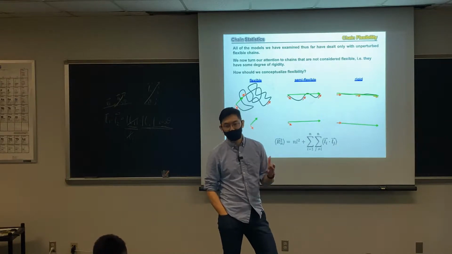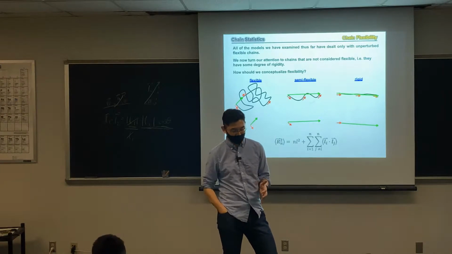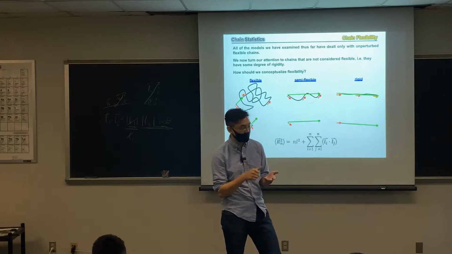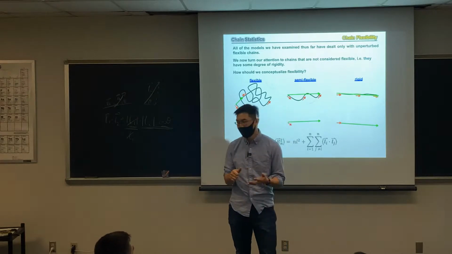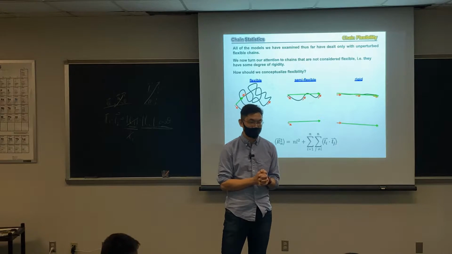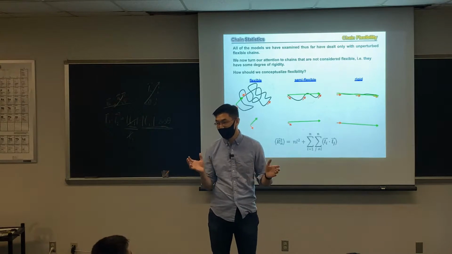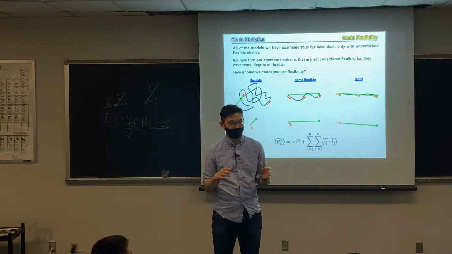However, if you look at the table in the textbook, most commodity polymers like PE, PP, PET, PS, PVC all have persistence length less than 1 nanometer. What that means, 1 nanometer divided by bond length of 1.5 angstroms, is that the directionality is lost quickly.